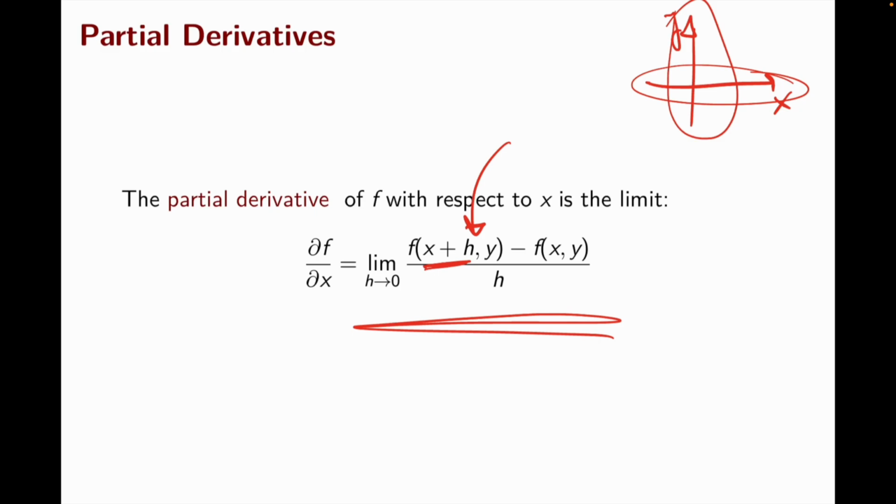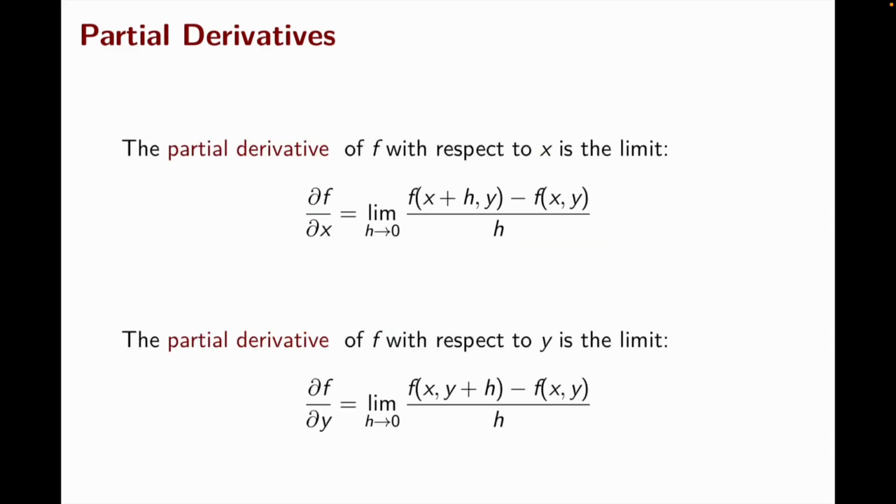And then we're going to make this increment go to 0, as is common in the calculation of the derivative. The partial derivative of f with respect to y is the limit where the increment then is going to happen in the y variable.